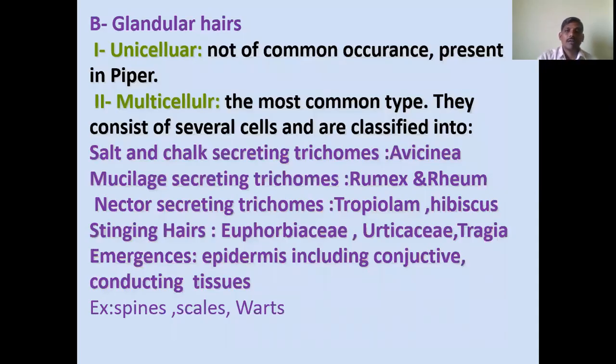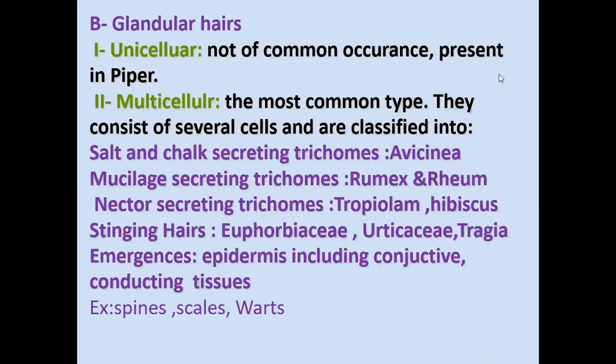Next one is glandular hairs. Glandular hairs are mostly common in dicots. They consist of several cells and are classified into different types. In the glandular hairs, unicellular is very rare, present in Piper only.